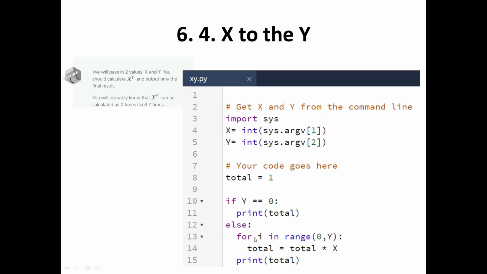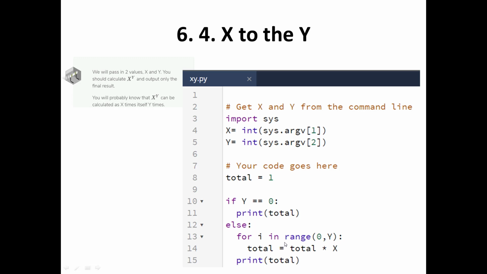Otherwise, we're going to have to calculate the sum of the squares, and that's what we're going to do here in this else statement. So we're going to start off with I in range from 0 up to the exponent value, because remember we're calculating the sum of the squares of each one of the exponents.